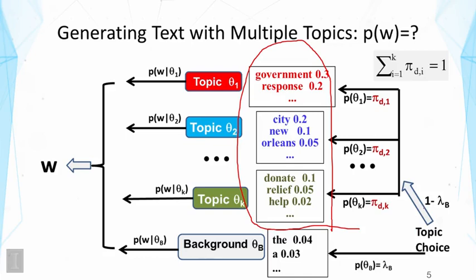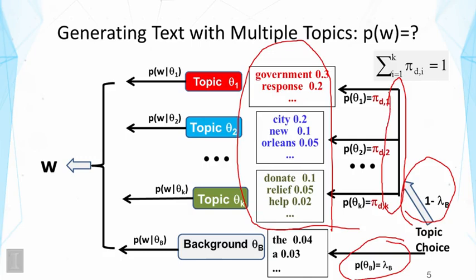First, we can flip a coin to decide whether we will talk about the background. So it's the background, lambda sub b, versus non-background. So this 1 minus lambda sub b gives us the probability of actually choosing a non-background topic. After we have made this decision, we have to make another decision to choose one of these k distributions.